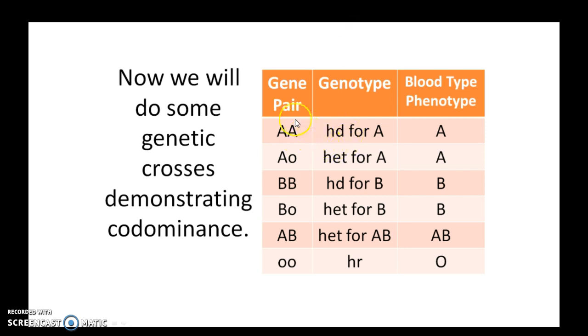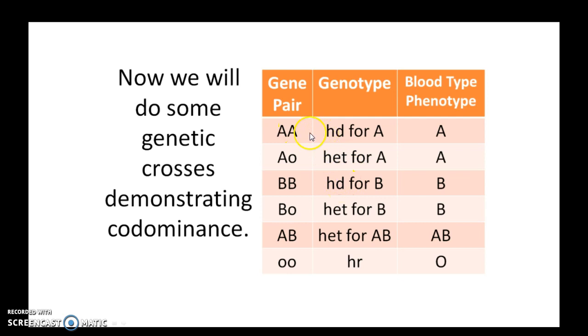Here we have capital A, that's homozygous dominant A. So you'll see here, we're going to have a couple homozygous dominants, here and here. However, we have to say HDA, because if I just say, oh, homozygous dominant, you don't really know if I mean homozygous dominant for A or for B. So that's a big difference here.